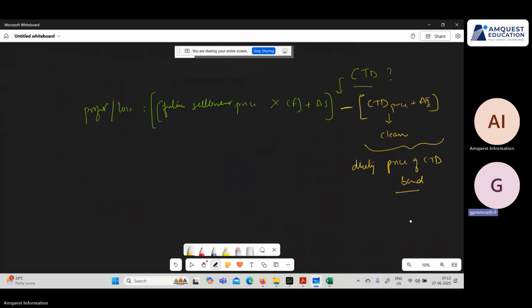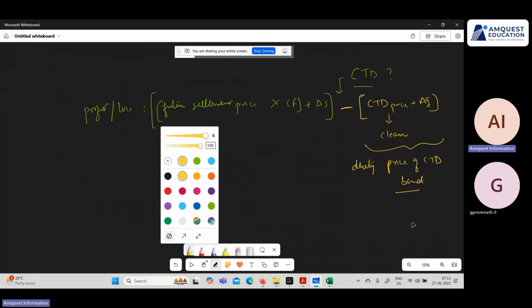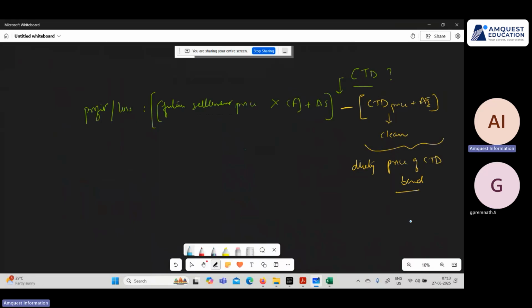And lastly, this futures settlement price is effectively per par, which means you will have to divide by 100 and then multiply by 100,000.